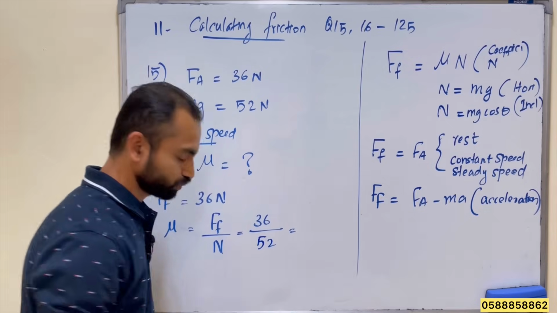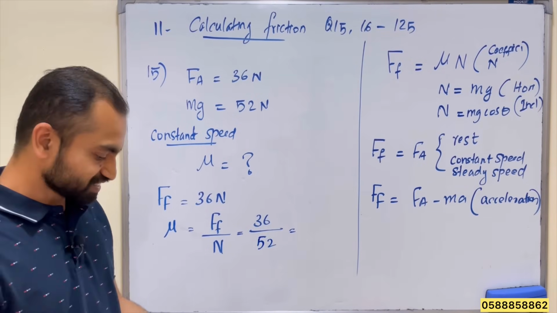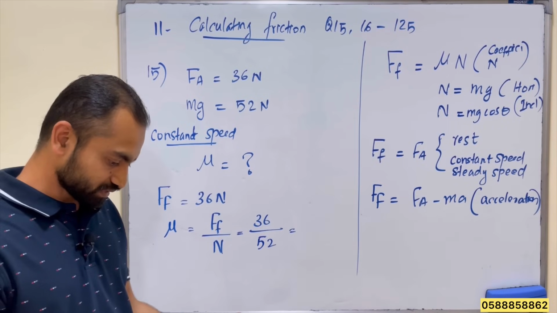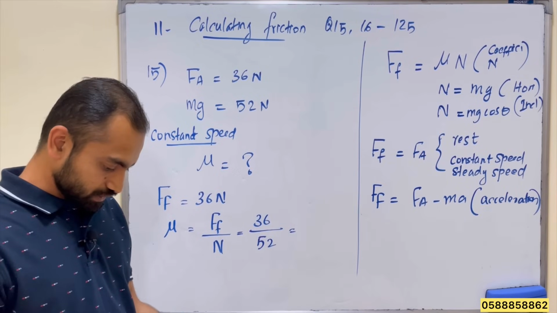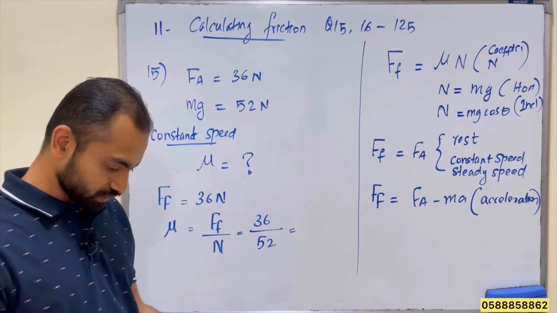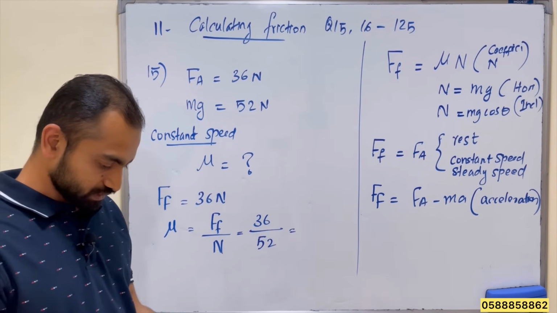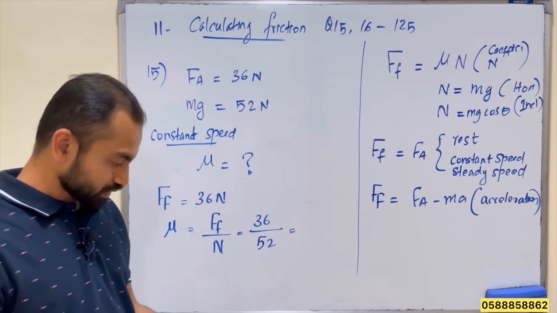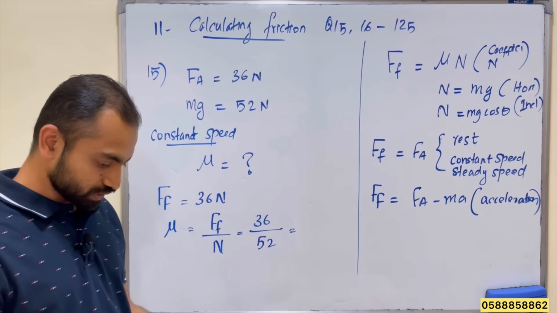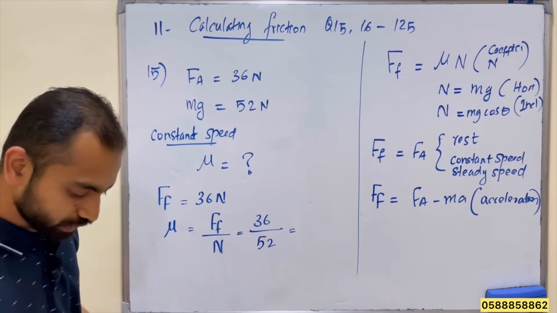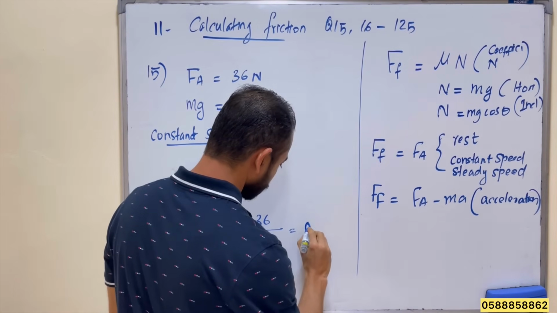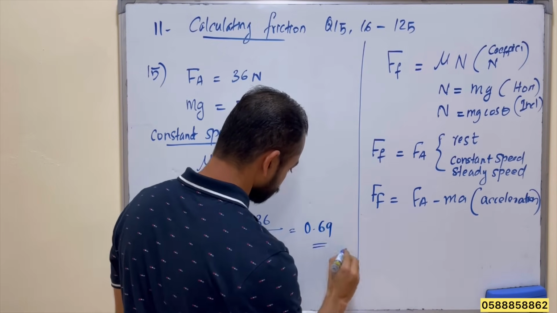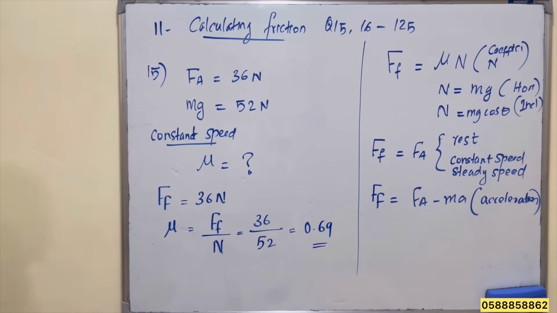So 36 divided by 52, which equals 0.7 or 0.69. No unit for coefficient of friction.